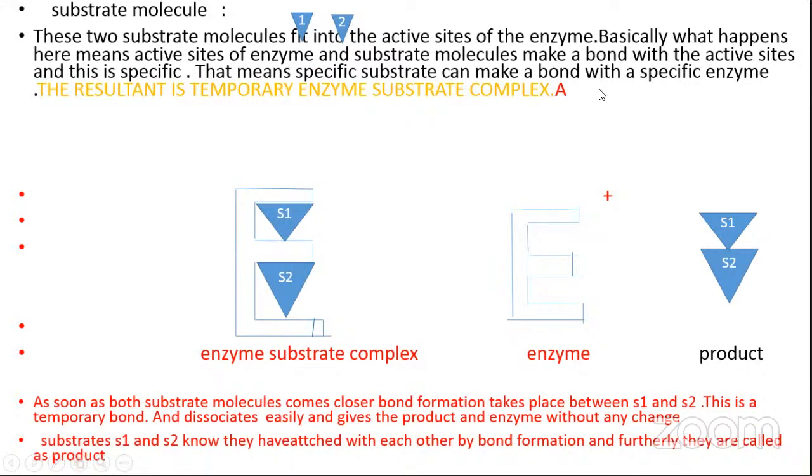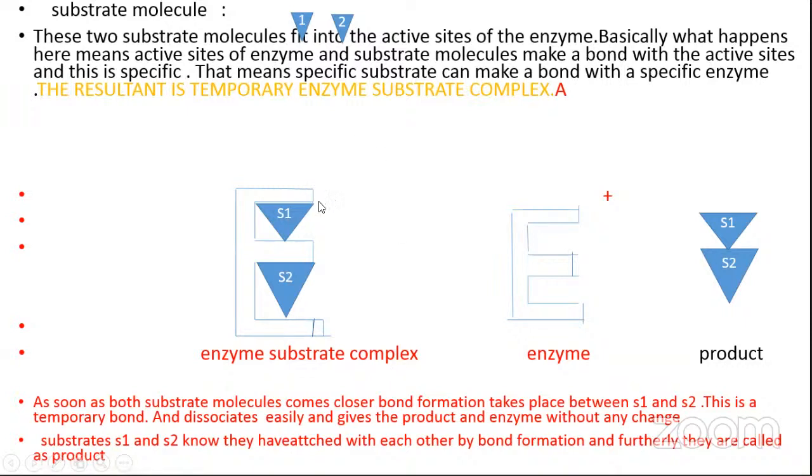And here, what happens is the active sites of the enzyme and the substrate molecules, after fitting into the active site, together develop a complex, which is called the enzyme substrate complex.